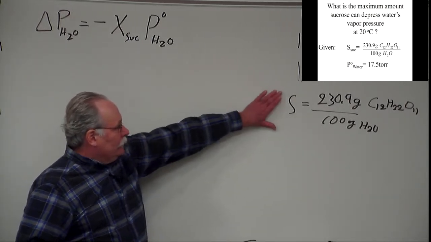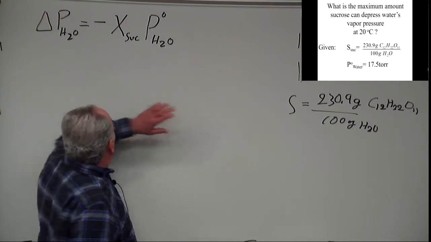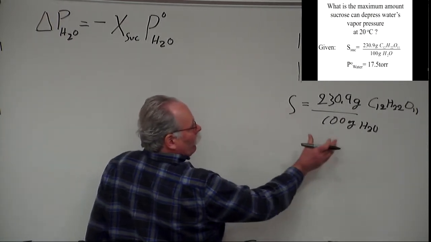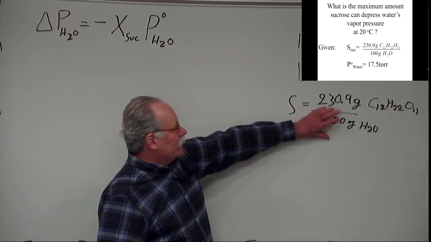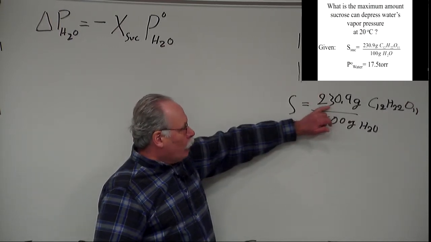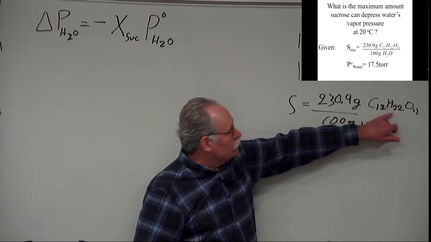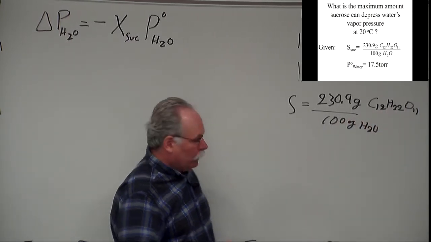Now, what we need to do is extract from this the mole fraction of sucrose. So we need to calculate for 100 grams of water, we have 230.9 grams of sucrose. We need to recognize the number of moles of each of these. And note, by the way, this has more mass, sucrose, than water, but because sucrose is such a large molecule, the number of moles is much smaller, okay?